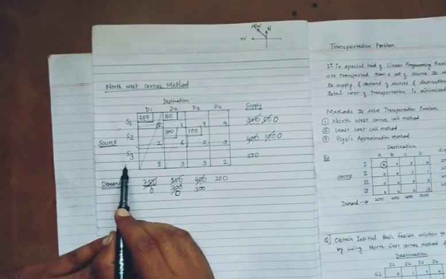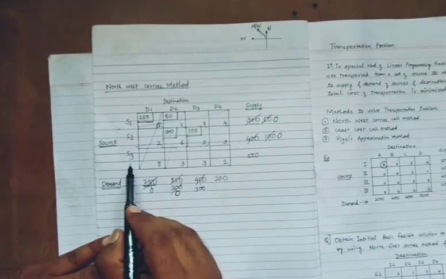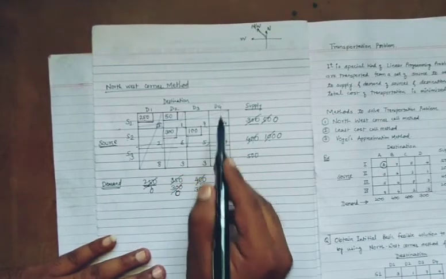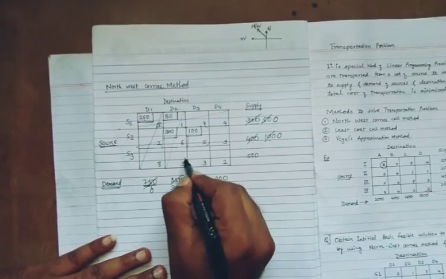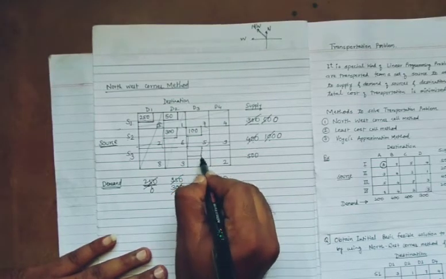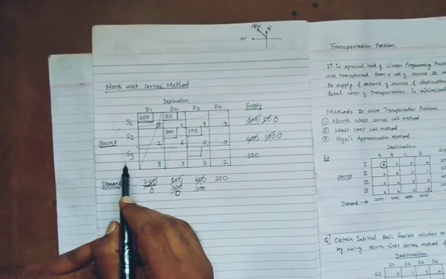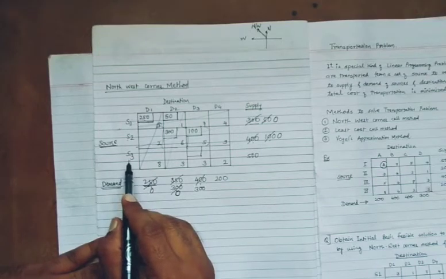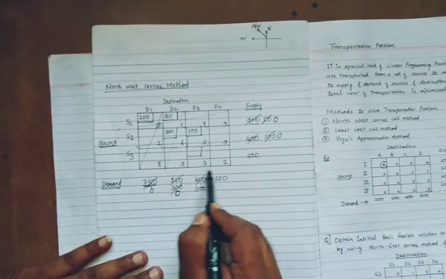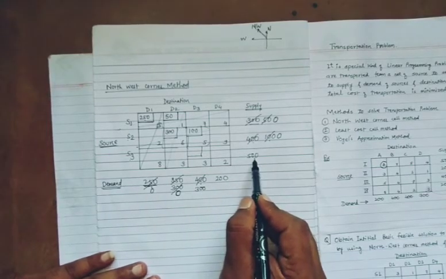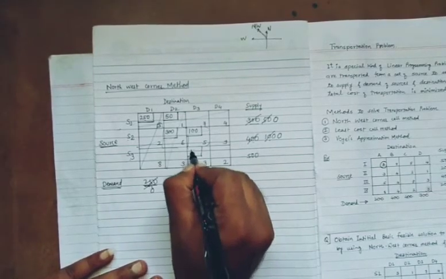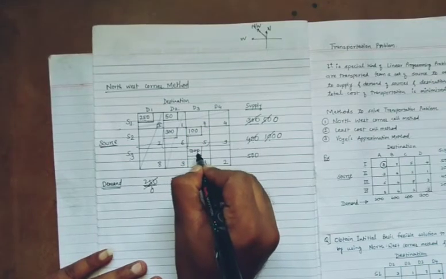Now again S3, D3, D4, only these two, which is northwest. So this cell is northwest. Now again comparing supply and demand of S3, D3, this cell. So demand is 300 and supply is 500. So whichever is less is 300, we have to write here.